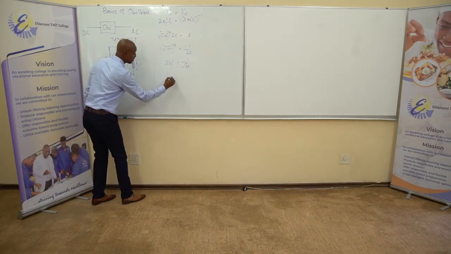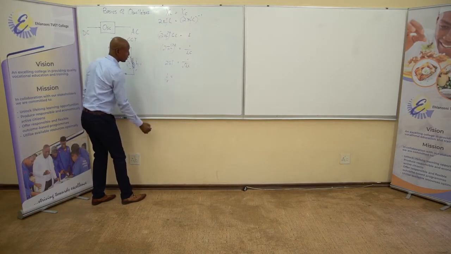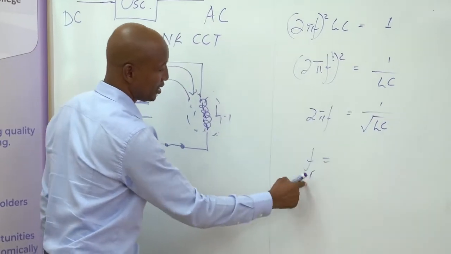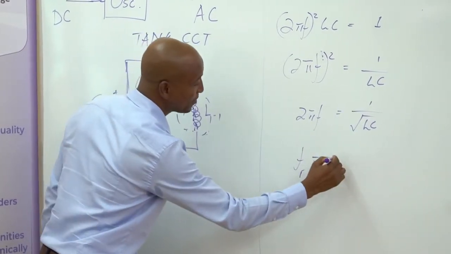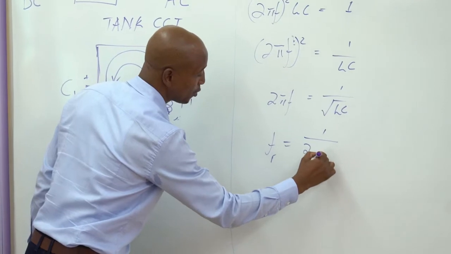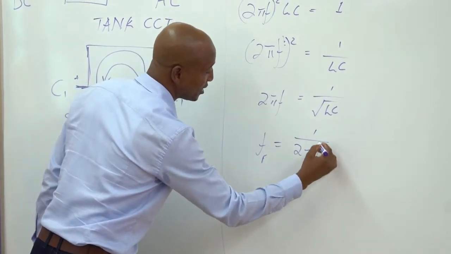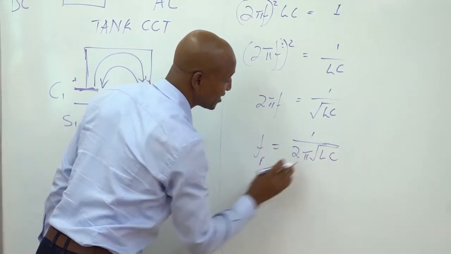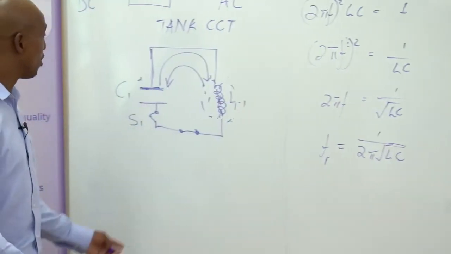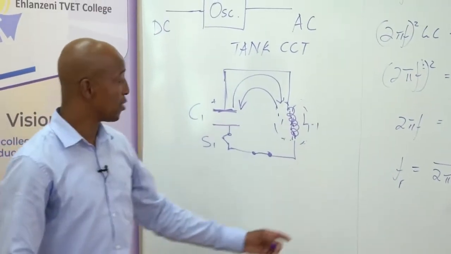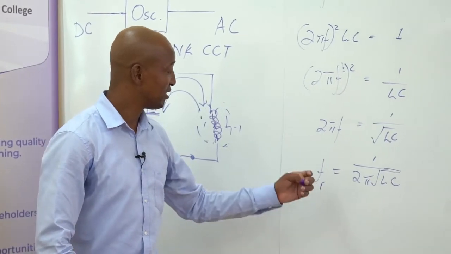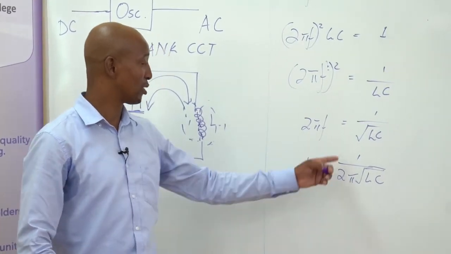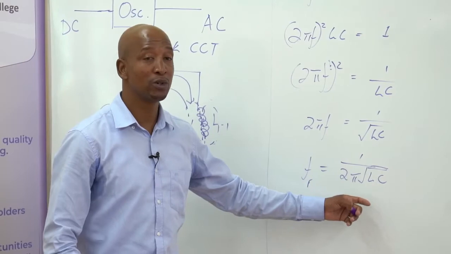Then, making f the subject of the formula, which will give us our frequency of oscillation, it shall be equal to 1 over 2 pi, the square root of LC. So, for us to know how frequent this will happen, we need to understand that the frequency of resonance is equal to 1 over 2 pi square root of LC.